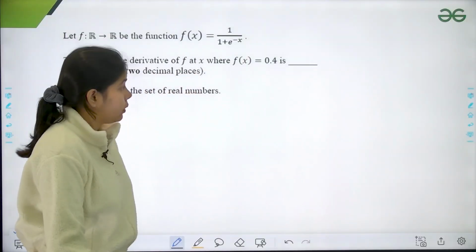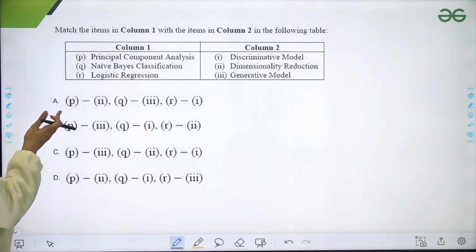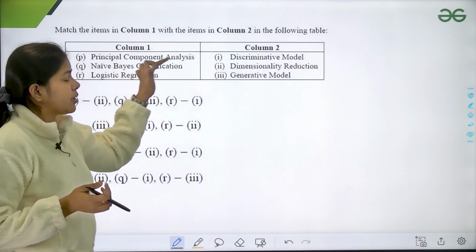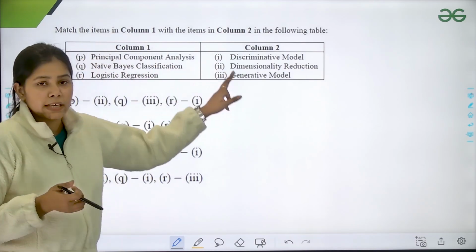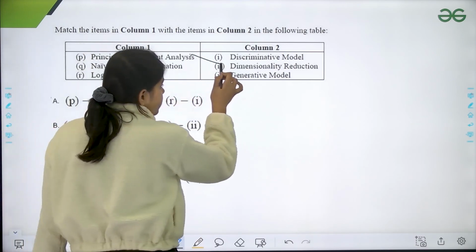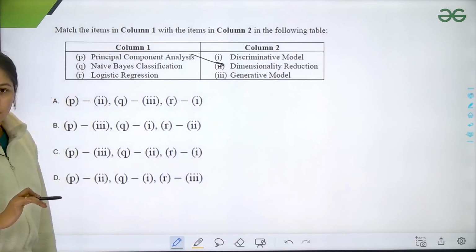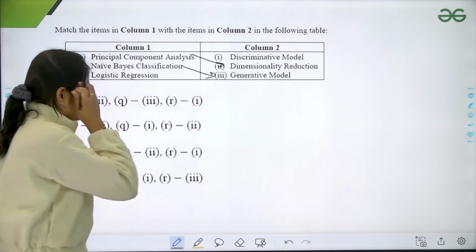Now the next question we have is: match the items in column 1 with the items in column 2 in the following table. So this is a direct question. On this side I have the algorithm, and on this side their modeling property. Principal component analysis helps me to reduce the dimension, right?